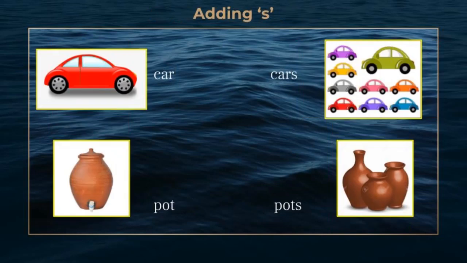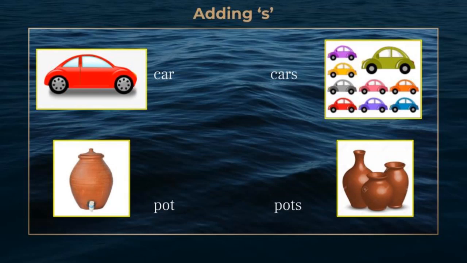Students, now we are going to see some rules that show how to form the plurals. Okay, students, let us see. Look at the heading, adding s. Adding s. By adding the letter s at the end of the singular nouns. Now look at the given picture.